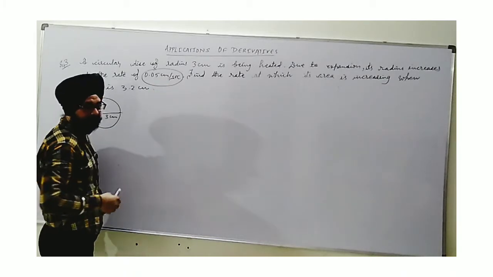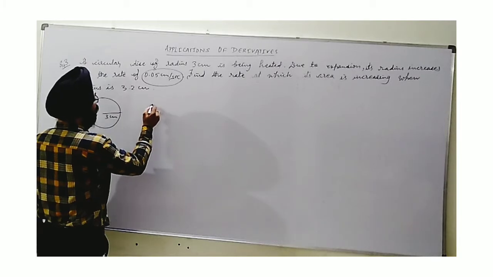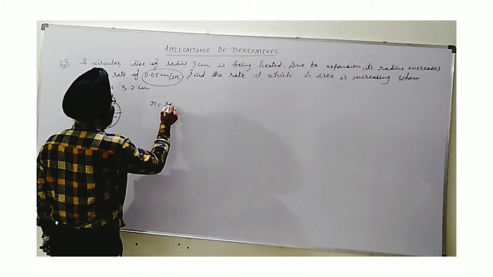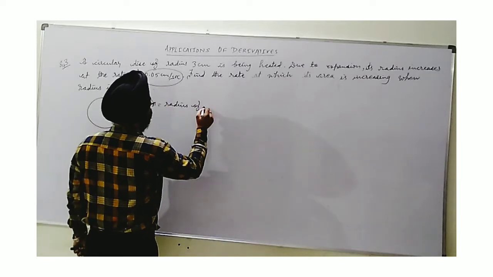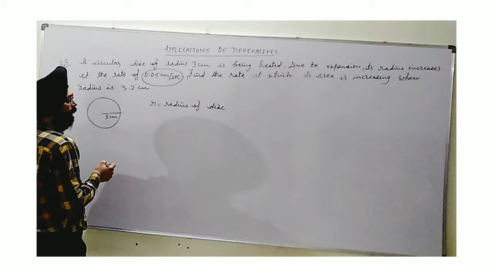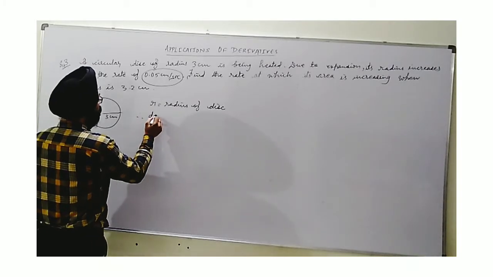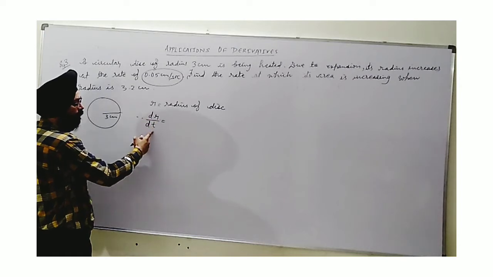So, if I consider r to be the radius of the circular disc, dr upon dt, dr by dt means change in radius with respect to time.